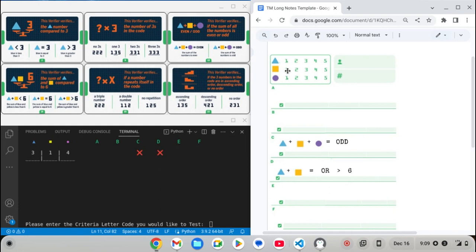Let's see. We also do have criteria card B that lets us know how many 3s there are. It would be interesting to note, as I described, the all odd scenario.